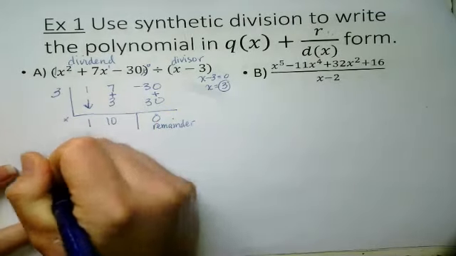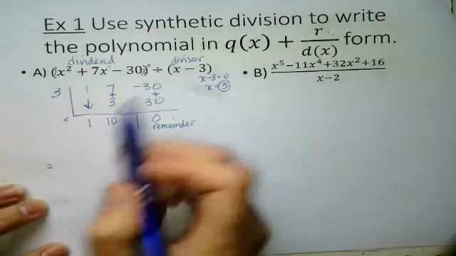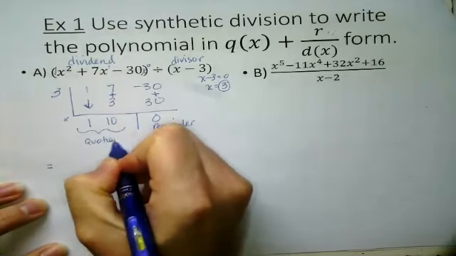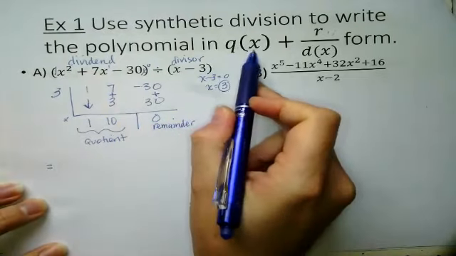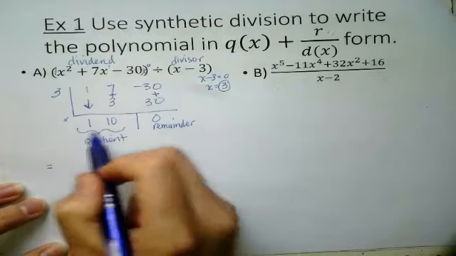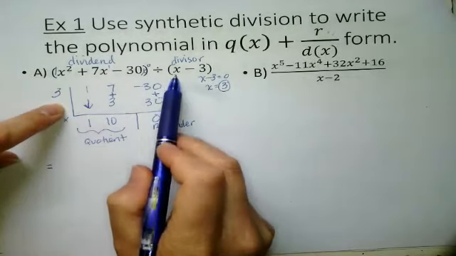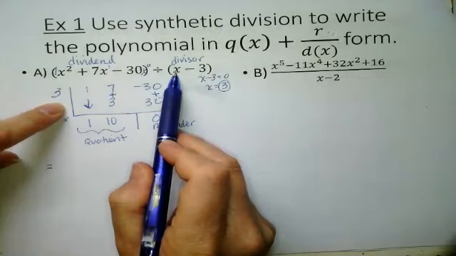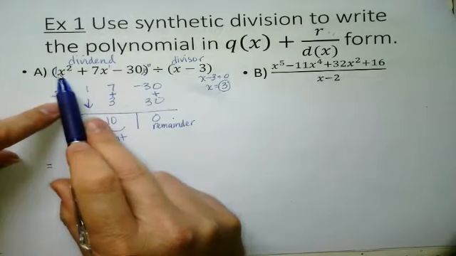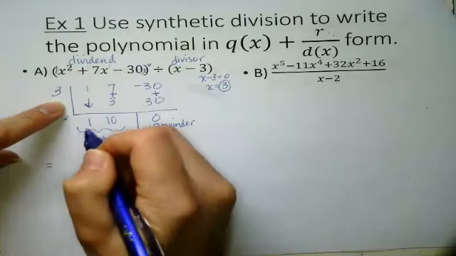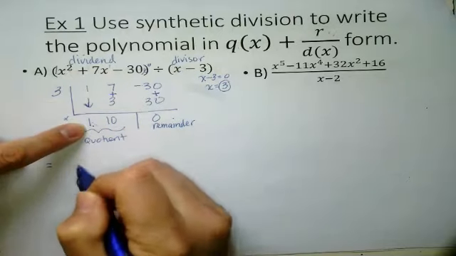Then in the answer field, here is our quotient, and this should be our quotient in terms of x. These are just numbers, so we need to backtrack here. When we're doing synthetic division, we are dividing out an x. We're removing an x from what we started with. So x squared divided by x leaves 1 x to the first power.